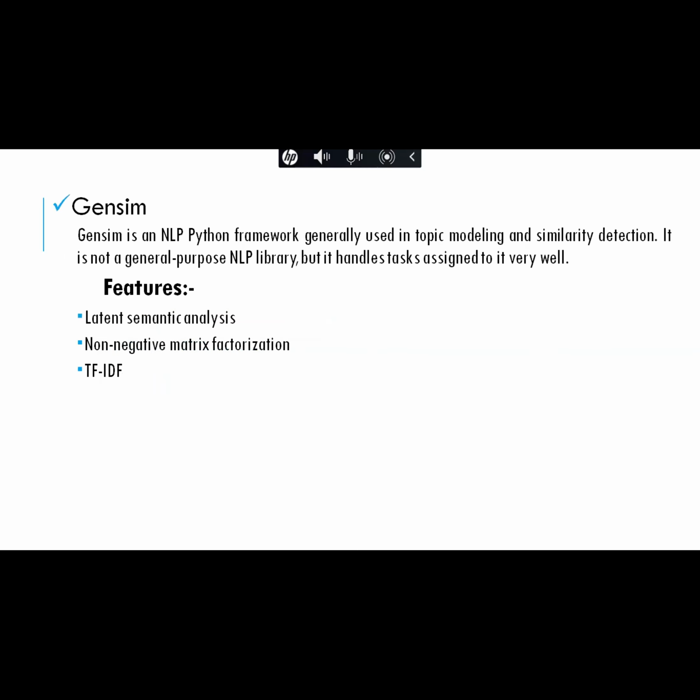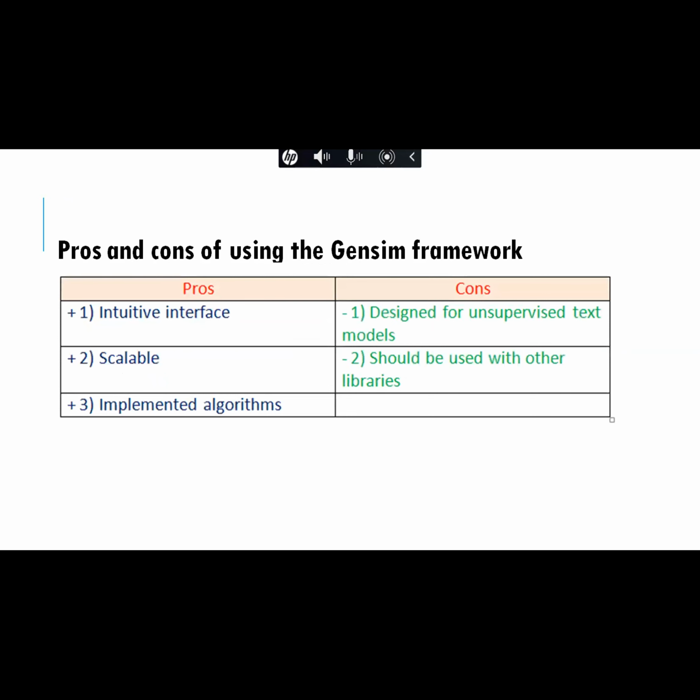Then Gensim is an NLP Python framework generally used in topic modeling and similarity detection. The features are latent semantic analysis, non-negative matrix factorization, and TF-IDF. The pros are that it has an intuitive interface, is scalable, and has implemented algorithms.